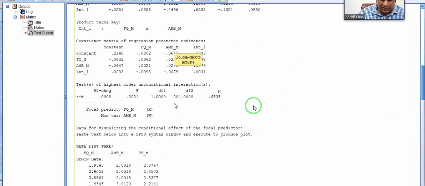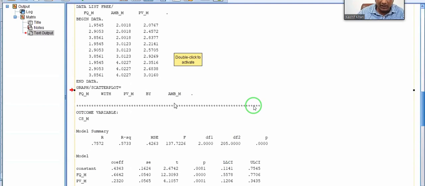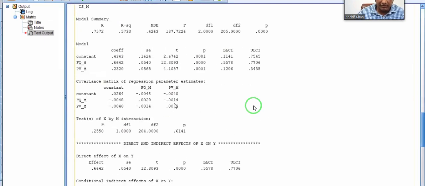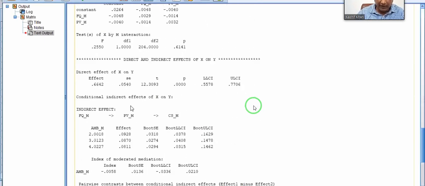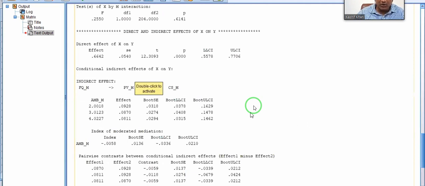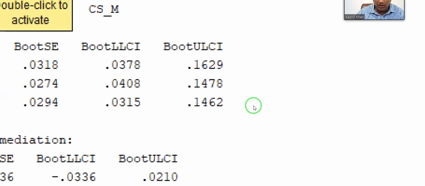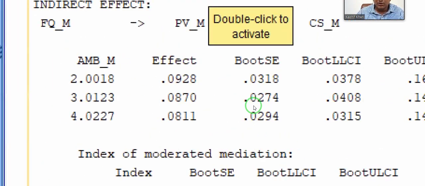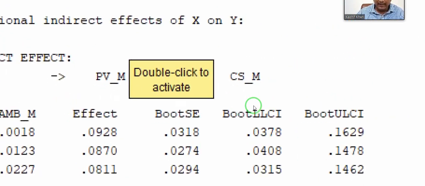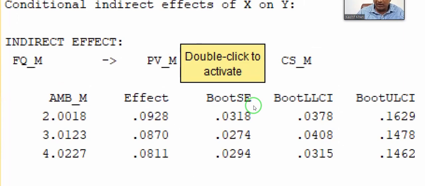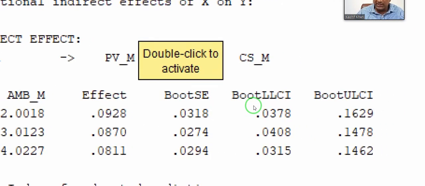Let's take a look at another thing we can look at. I don't remember, but I'll have to really find that. There's the direct effect and indirect effect. Now, we know the interaction is not going on. What if you want to see the indirect effect? So we see the indirect effect.